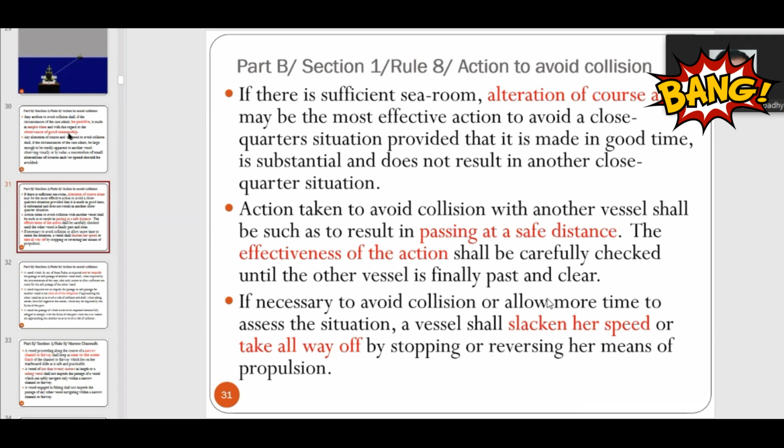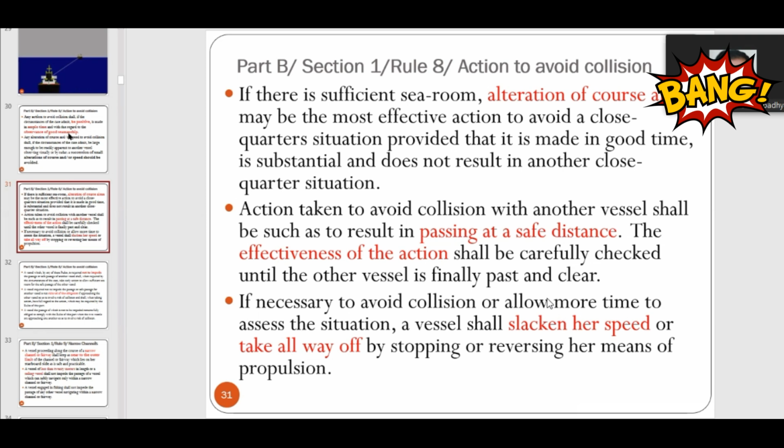In the case of speed, if you think you need more time to assess before you take a proper action, for your action to be positive and proper, you should take more time, because action has to be taken in ample time, keeping that in mind.